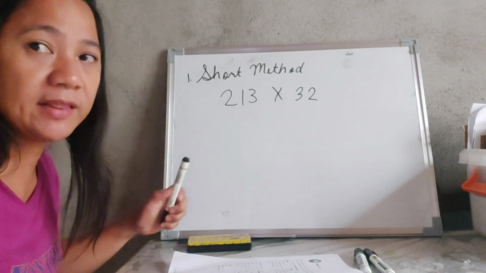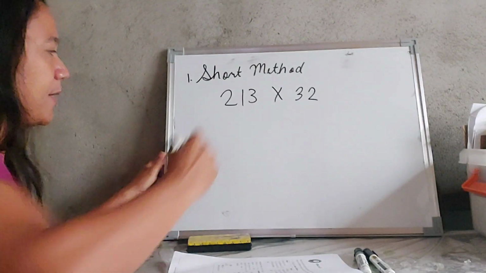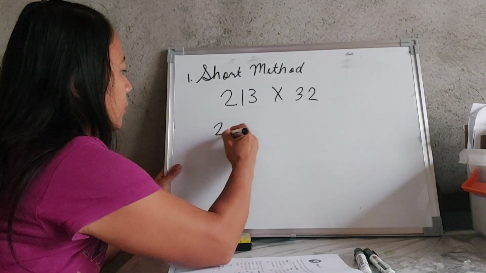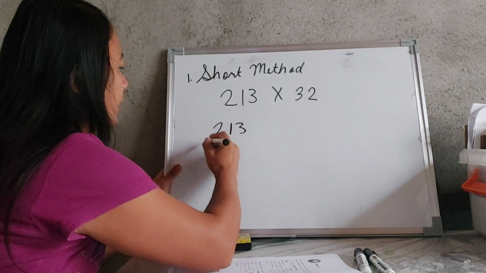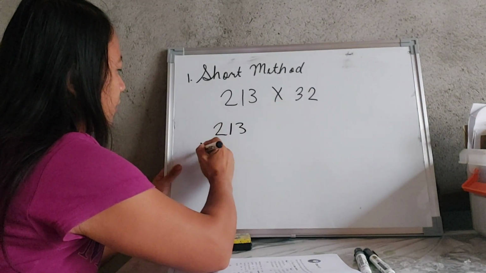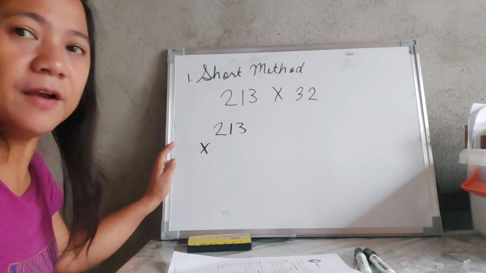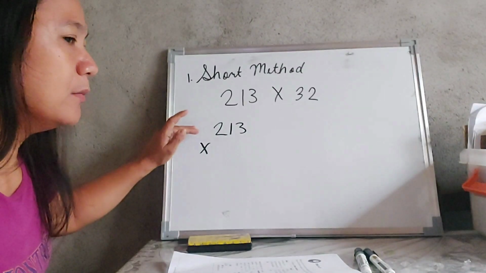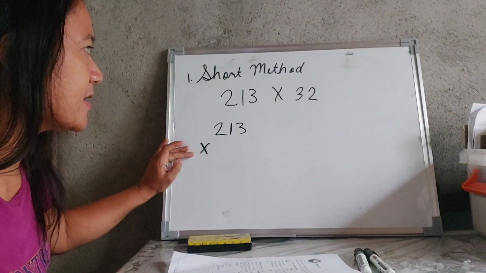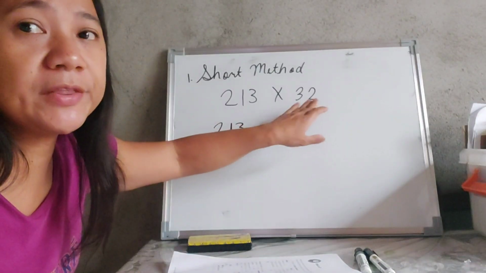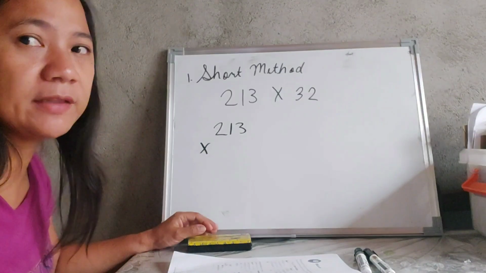So how will we write them using the short method? We will rewrite 213 and write down the operation sign. After writing down the multiplicand and the operation sign, we will write down the number 32. So how will we write it down?